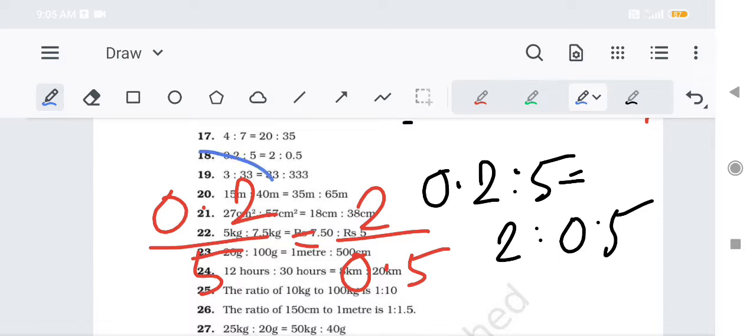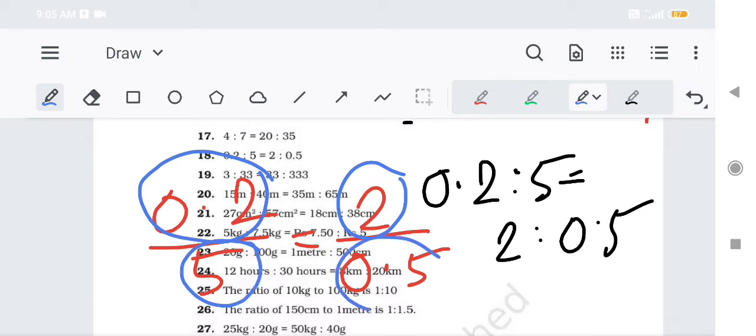See, here from 0.2 it has become 2, meaning it has increased. And here from 5 it has become 0.5, meaning it has decreased. So it is not possible to find an equivalent fraction this way. If the numerator is increasing, then the denominator must also increase, and if the numerator is decreasing, the denominator will also decrease.